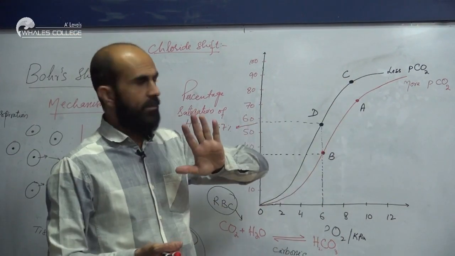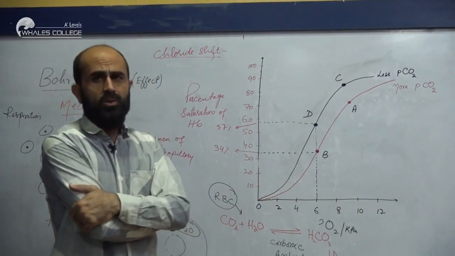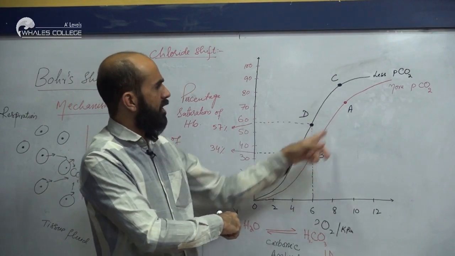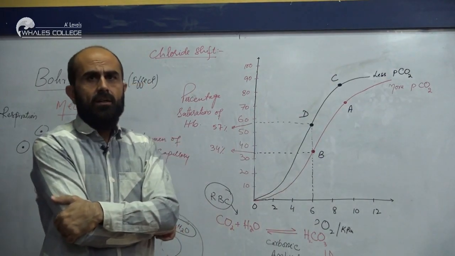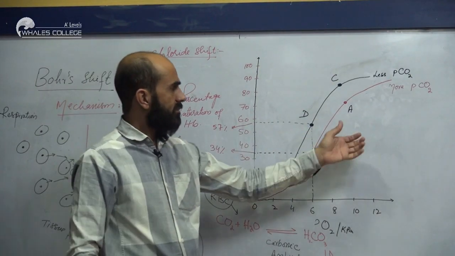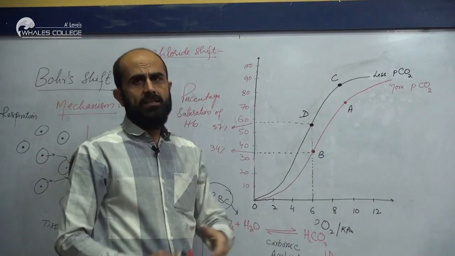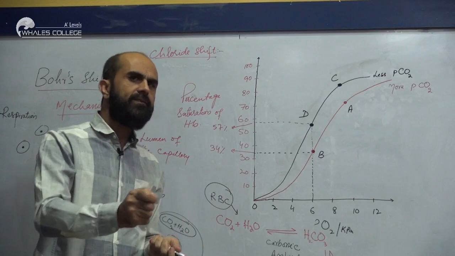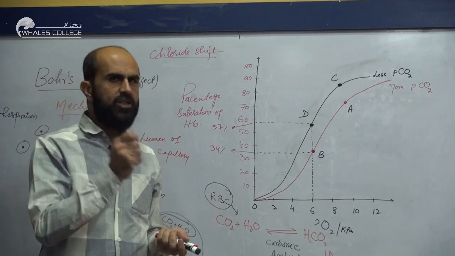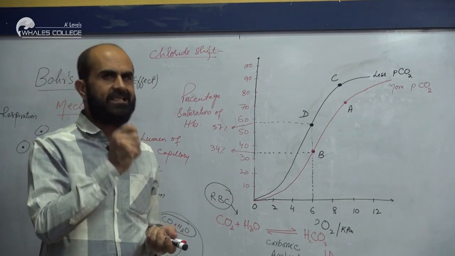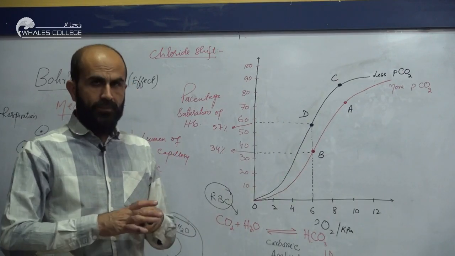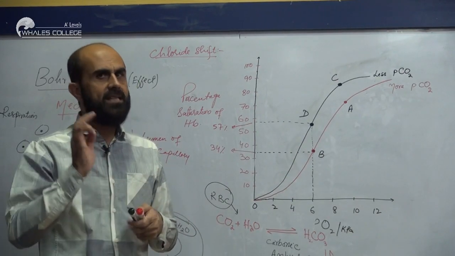The examiner wants to ask, in this graph there are four different points A, B, C, D. Can you tell us which point represents the active muscles and which point represents the resting muscles? So think about this question.